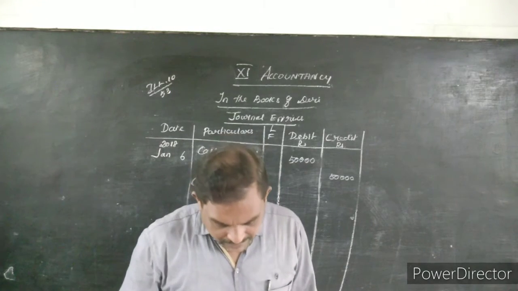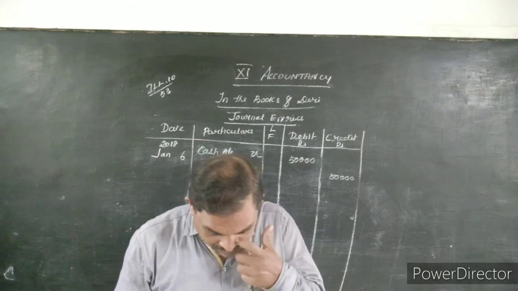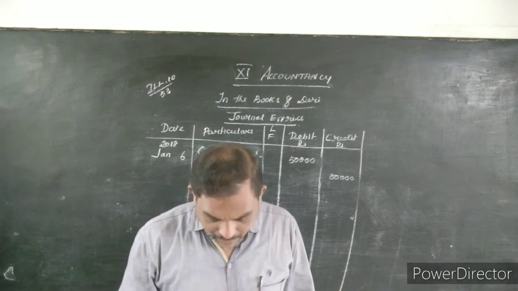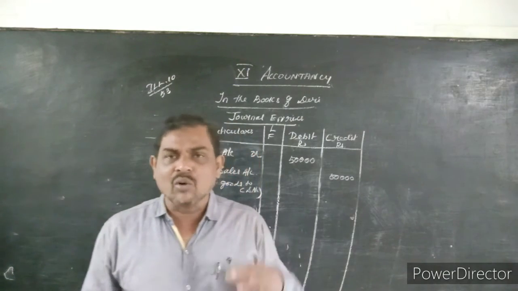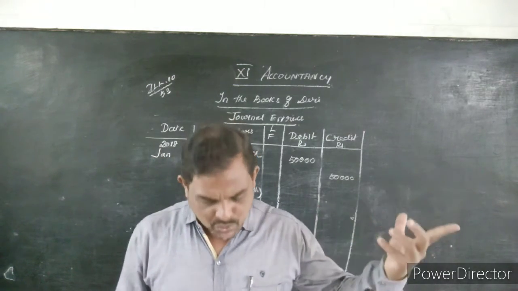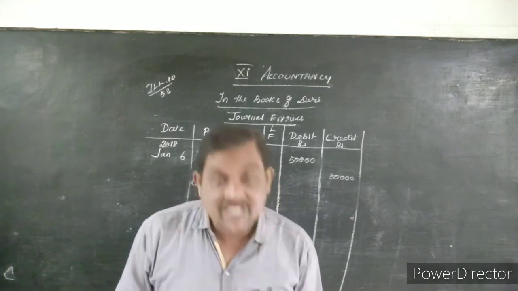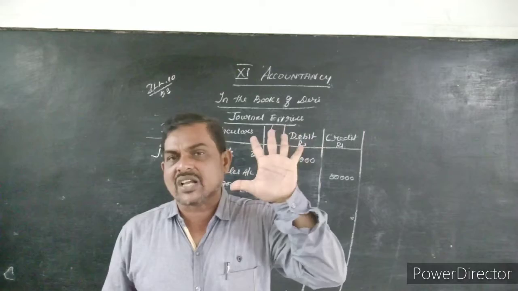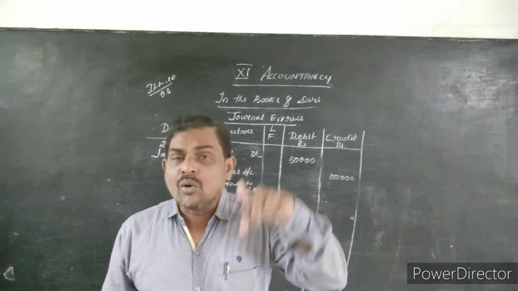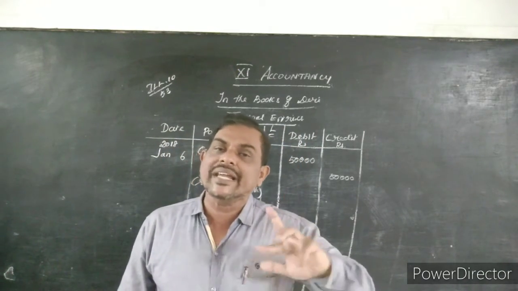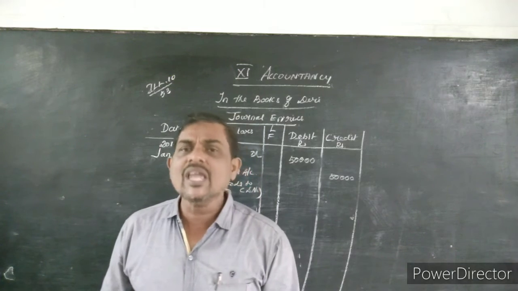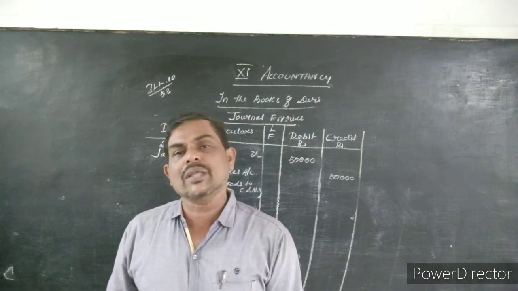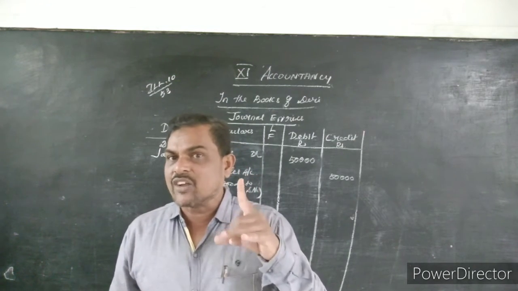Date 7. Deposited the check received from C and company with the bank. Now, actually, you made the sales to C and company on 6th of January. He gave the check, and you received the check on 6th January. Now you are depositing the check into the bank. Listen carefully.